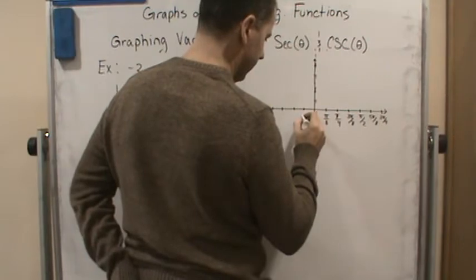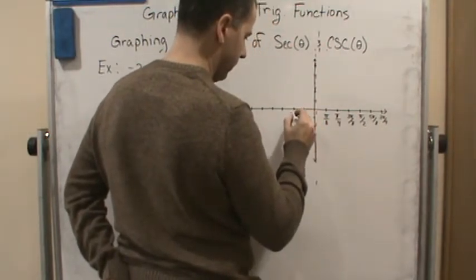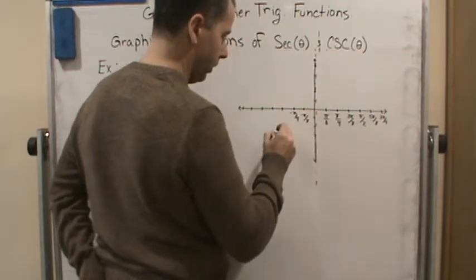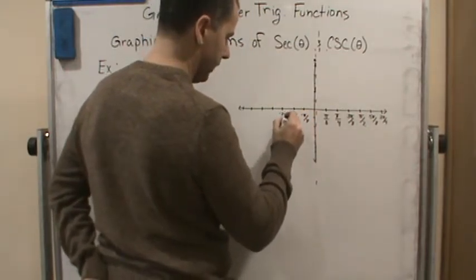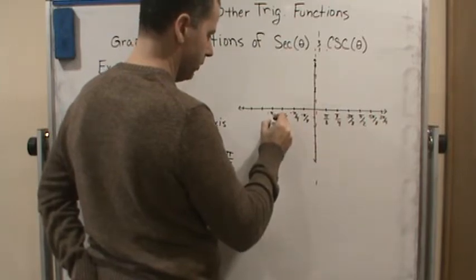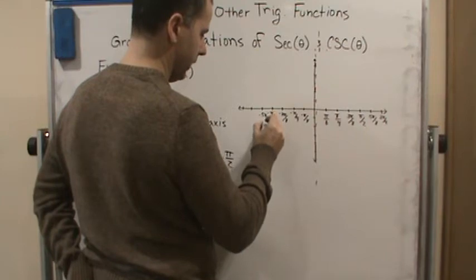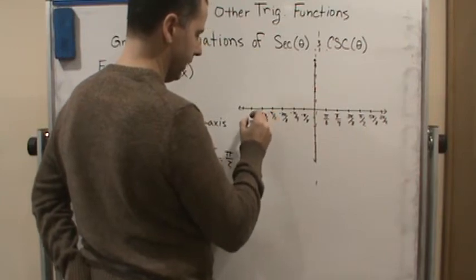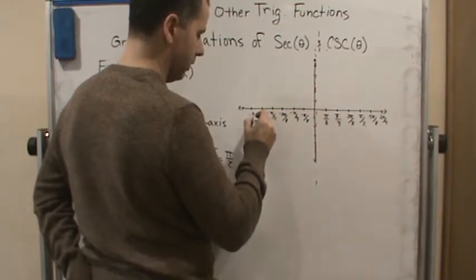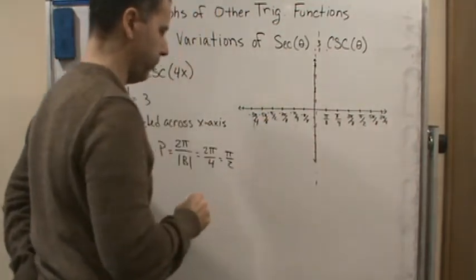And then this will be negative pi over 8, negative pi over 4, negative 3 pi over 8, negative pi over 2, negative 5 pi over 8, and negative 3 pi over 4.